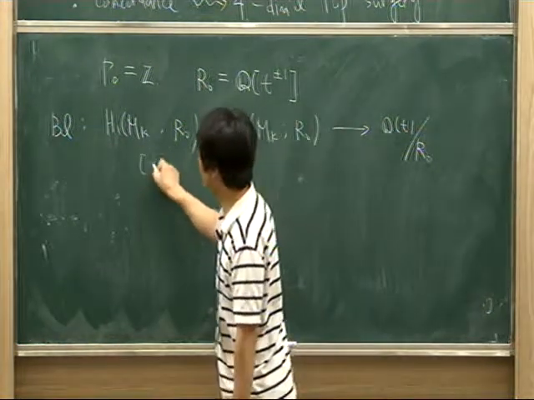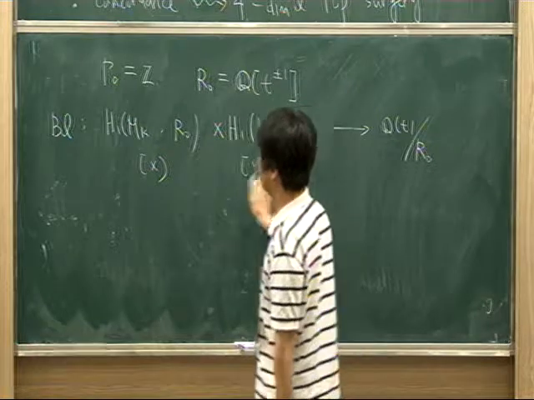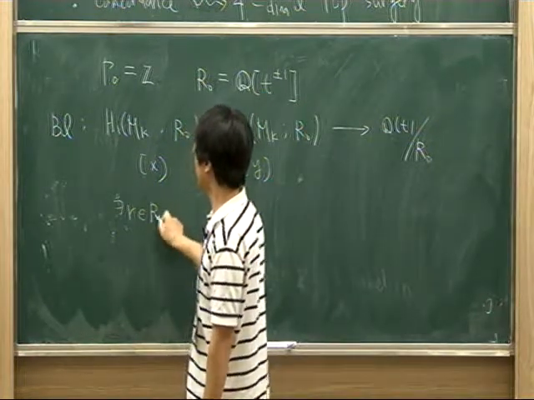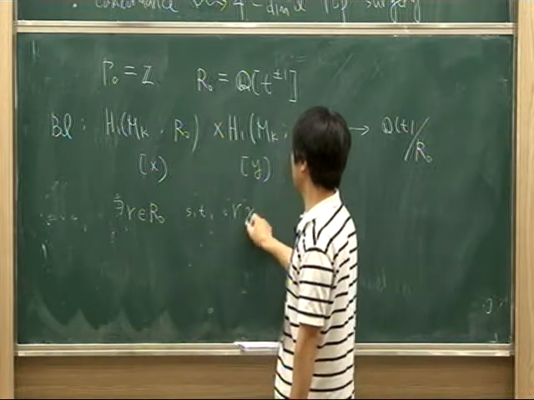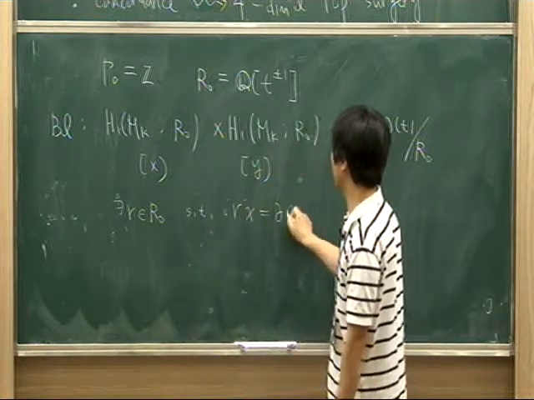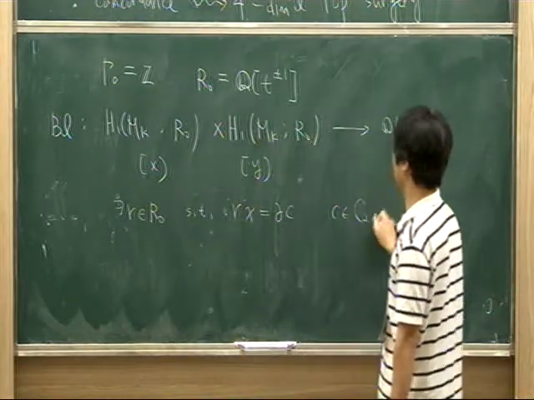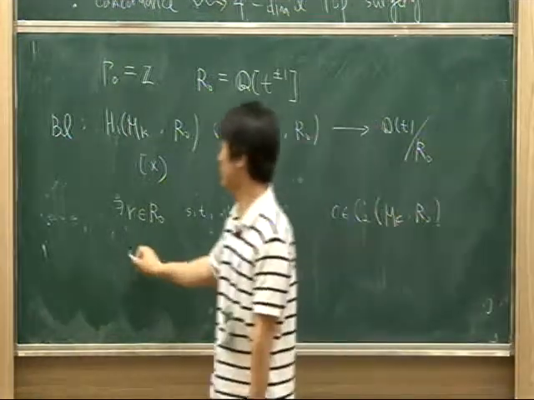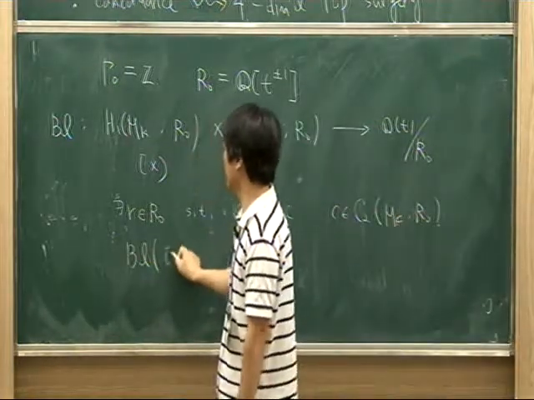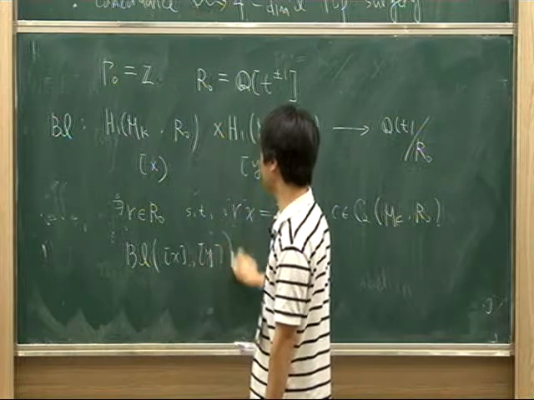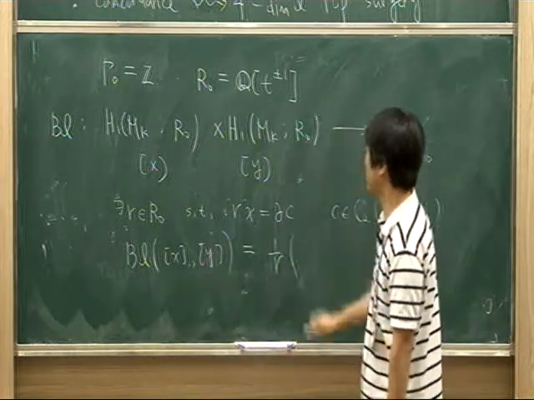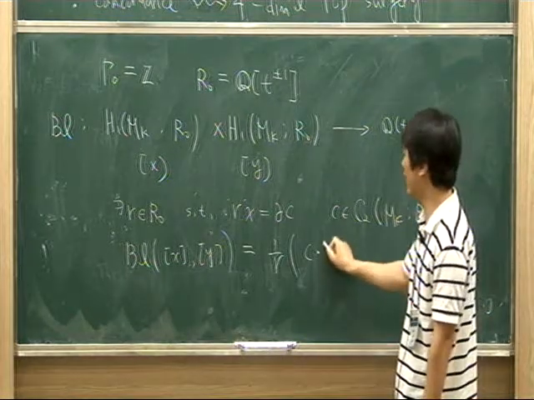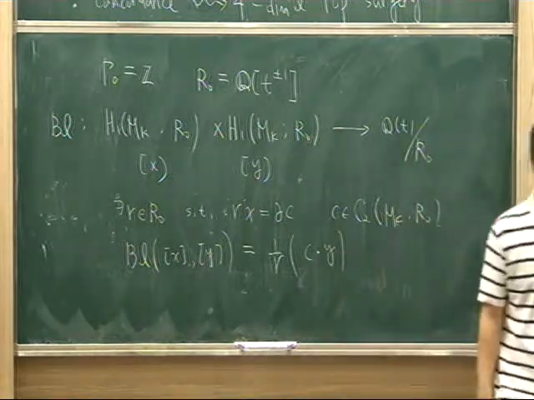So when you pick two homology classes x and y here, because this is a torsion module, there exists an element r in R0 such that rx is the boundary of a certain two-chain. Then the Blanchfield linking form of x and y is defined to be 1 over r times the intersection of this two-chain and the one-chain y. So this is kind of an equivariant intersection.